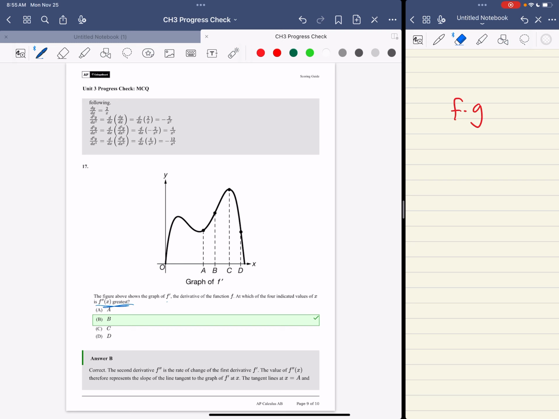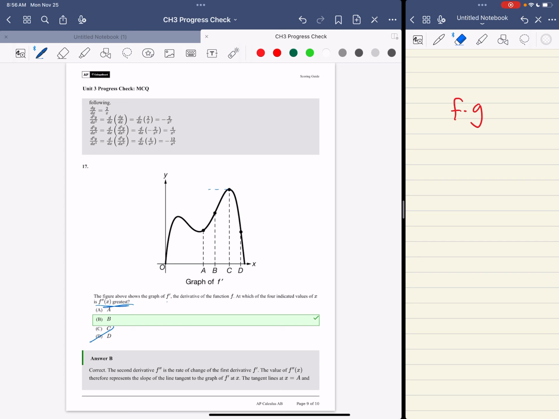So that's concave up. Oh, never mind. Do you see this is the first derivative? You want to find which one has the greatest second derivative, right? So what you want to find is the highest slope. Do you see this is a negative slope, number D? So D cannot be the answer.